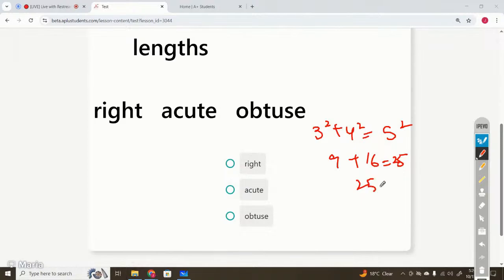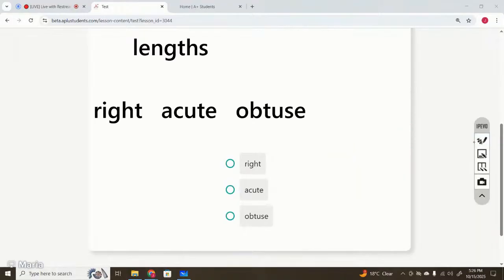So 25 is equal to 25. That is a right triangle. The correct option is right triangle. Option number 1 is the correct option.